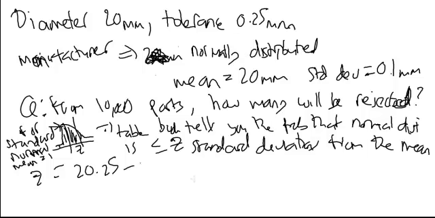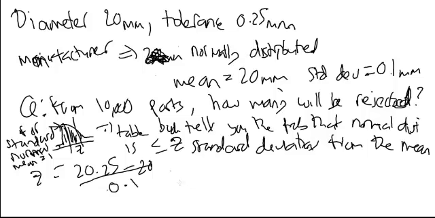So I'm going to do 20.25 minus 20, because our mean is 20, and our manufacturer makes things which have the mean of 20 and a standard deviation of 0.1. I divide that by 0.1 because I'm thinking in units of standard deviations.